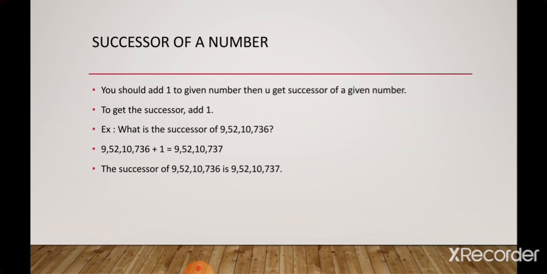Add means plus. Plus 1 is equal to 9 crore 52 lakh 10,737. Therefore, the successor of the given number, that is 9 crore 52 lakh 10,736, is 9 crore 52 lakh 10,737.